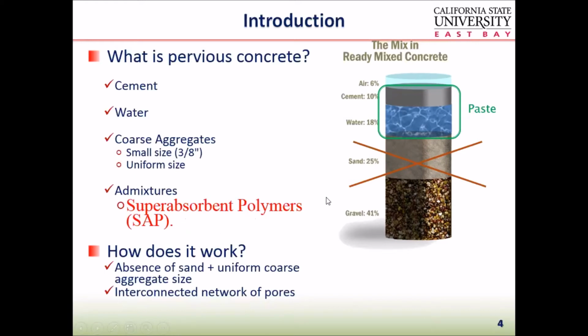So, in the absence of sand, using a coarse aggregate of a single size or close to a single size, you generate this interconnected network of pores that allow rainwater to flow through the cross-section of this concrete.